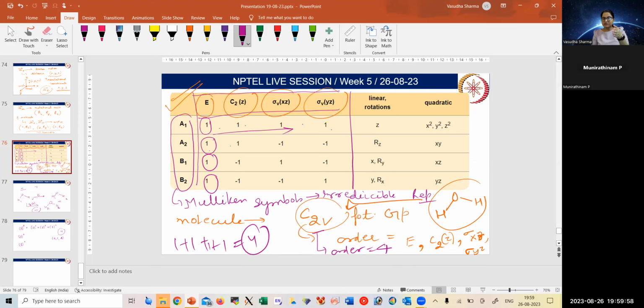Now the second combination could be 1, 1 and two negatives. These two negatives could be at this position, and another time, -1 here, -1 here. If you square them and add them, they will give you the value 4, which is the order of your group. So these are the four possible combinations when we are defining the character table.